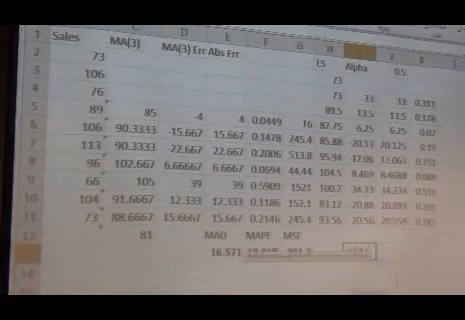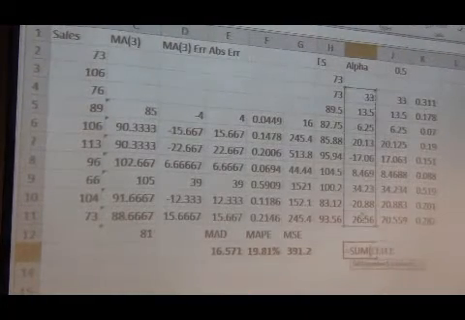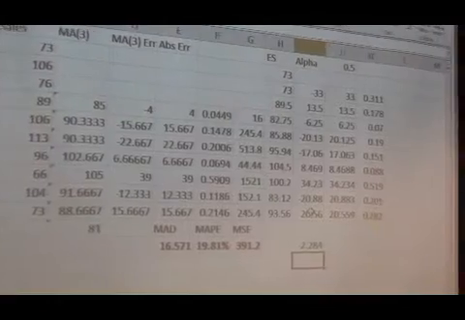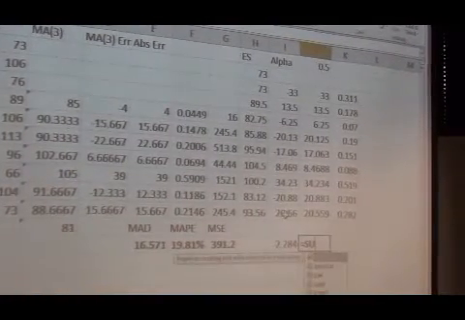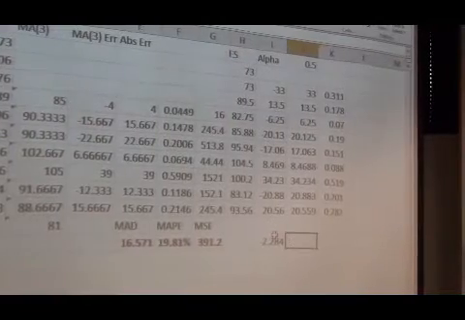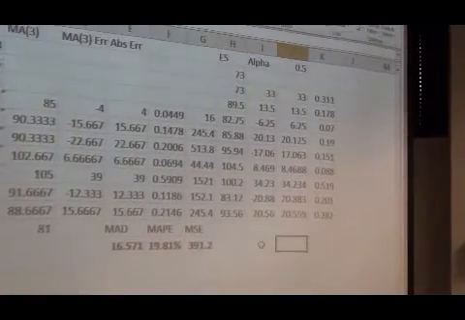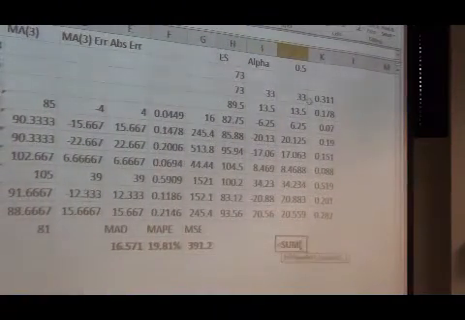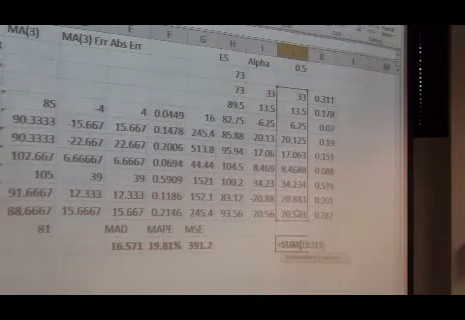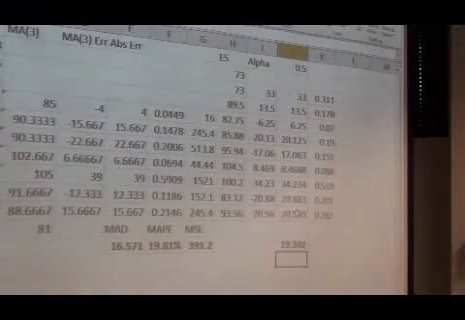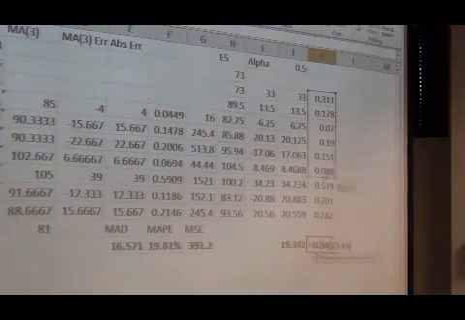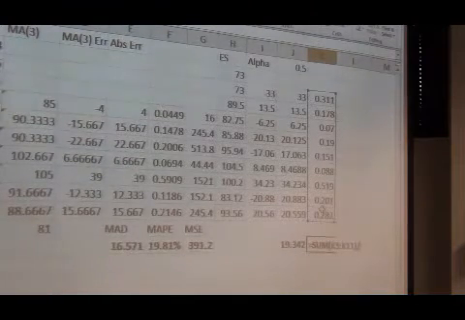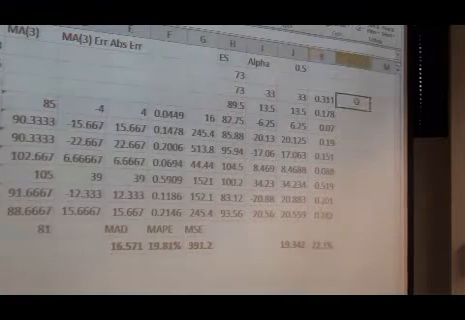And then we can compute mean absolute error. We can compute, oops, that's not mean absolute error. This would be 9 values there. Percent error. And square error.